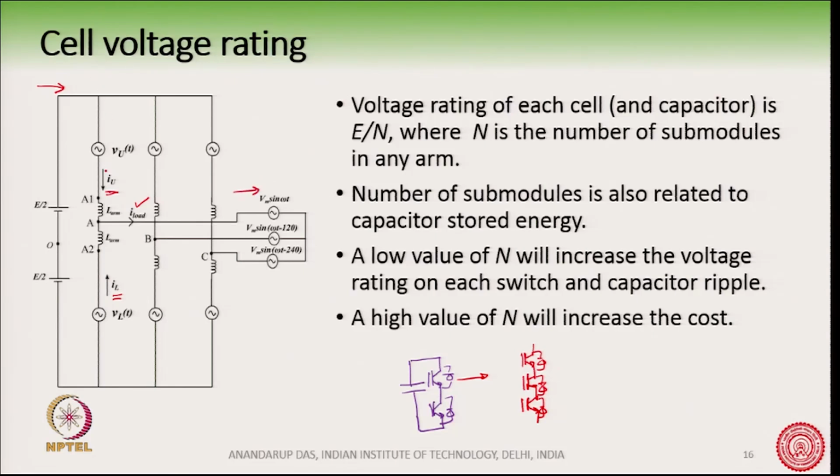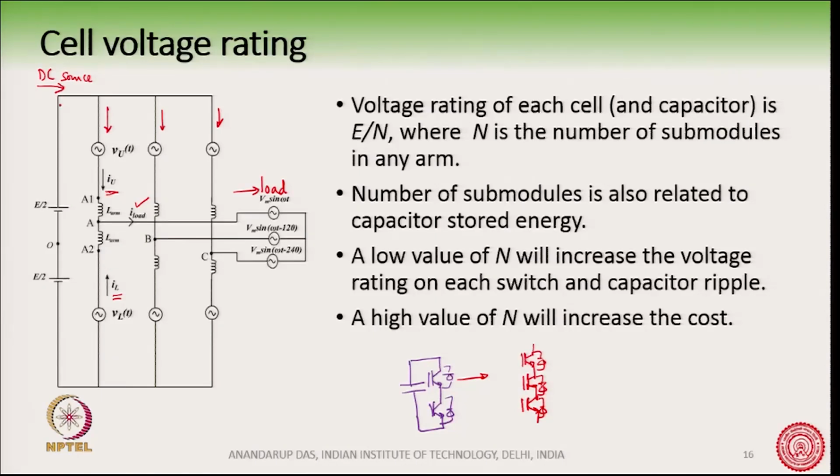This is the load here and this is the DC source here. From the source to the load it is flowing. Of course, it gets divided into the 3 phases, and then it flows to the load, 1/3, 1/3, 1/3.